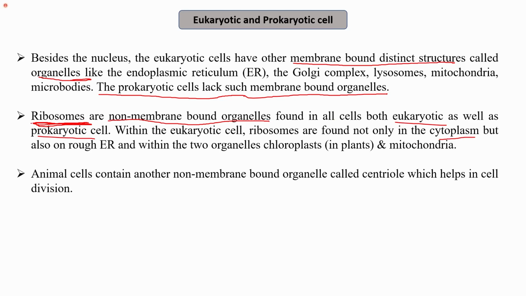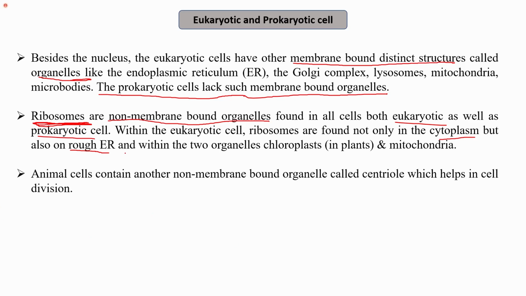But we know that in a prokaryotic cell, we just have the cytoplasm and naked DNA, so ribosomes will be present only in the cytoplasm. But in the eukaryotic cells, ribosomes are not found only in the cytoplasm, but also on the rough endoplasmic reticulum, and within the chloroplast and mitochondria as well.